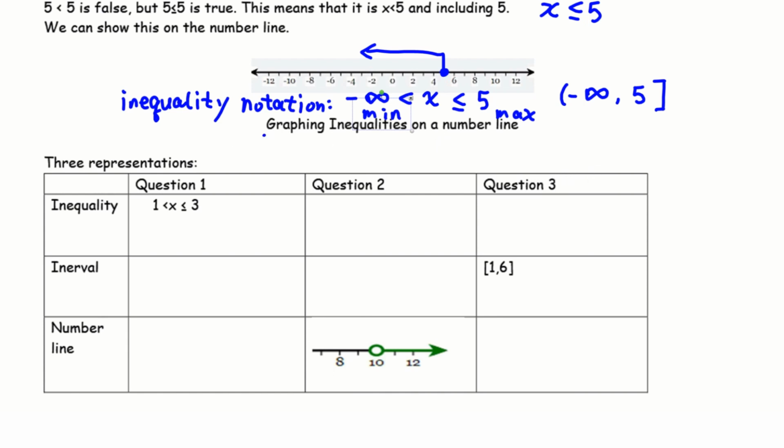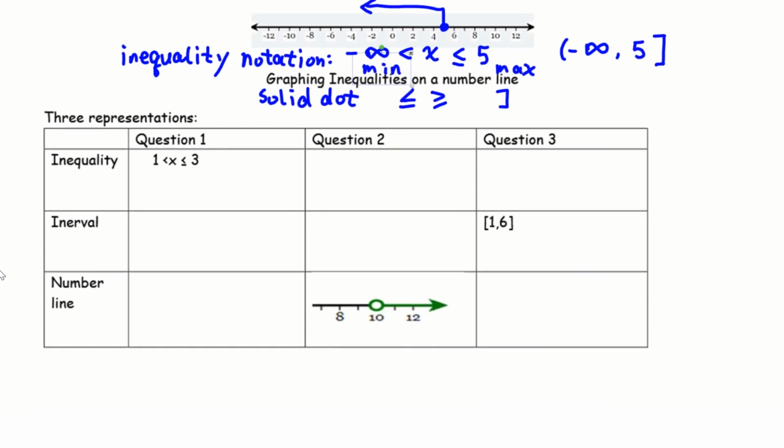And the solid dot is equivalent to the equal sign. If you have an equal sign, then we put a solid dot or the squared bracket. That will be the solid dot, including that number.